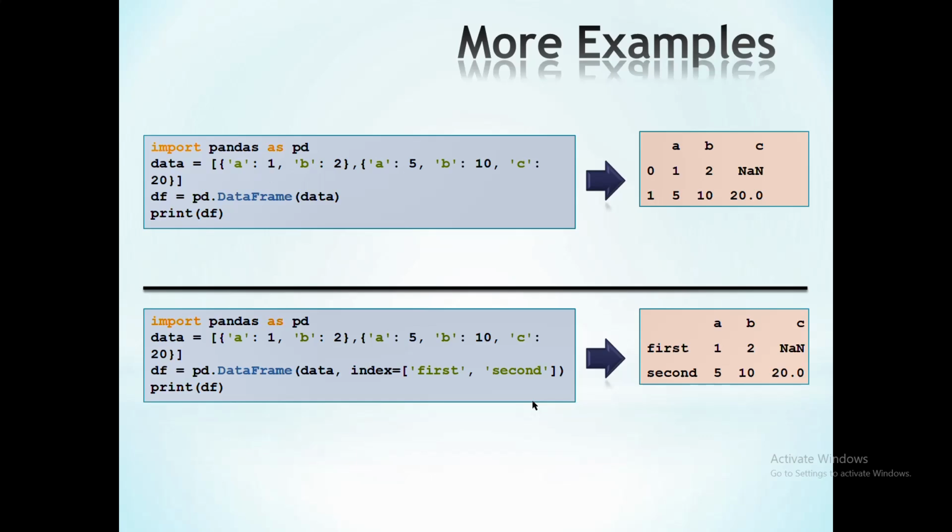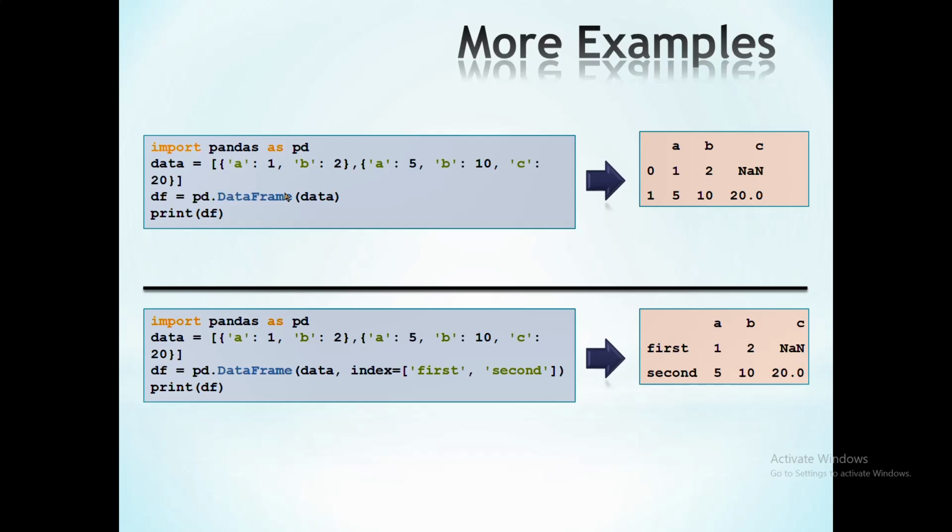In this example, I am applying a value which is not readily available. I am combining two dictionaries here. Data is a dictionary with A equal to 1, B equal to 2, and another dictionary with A equal to 5, B equal to 10, C equal to 20. The two dictionaries are combined into a list, and that list is converted into a data frame.